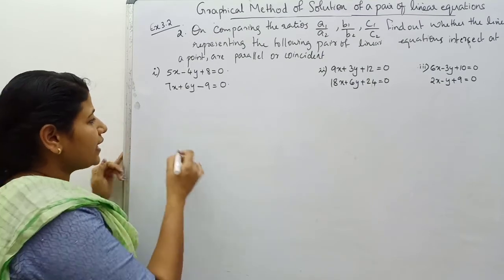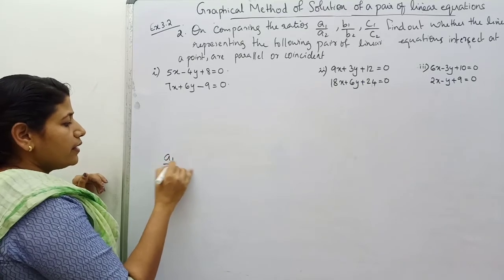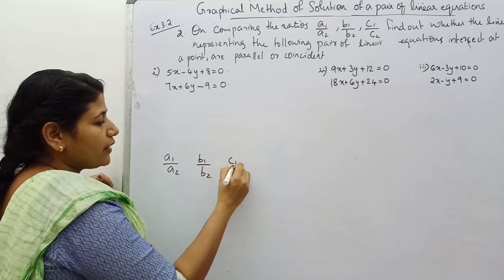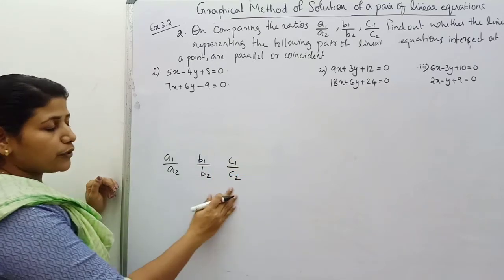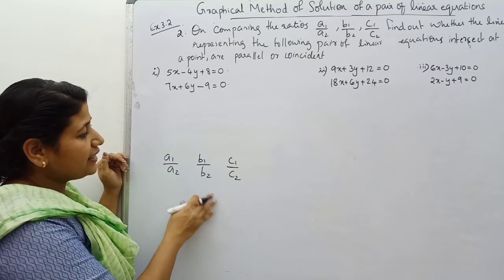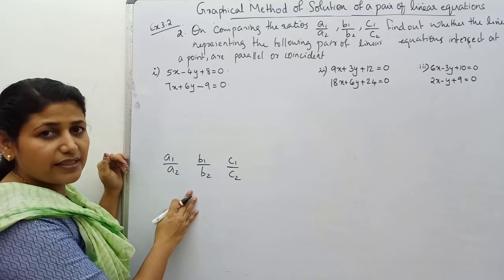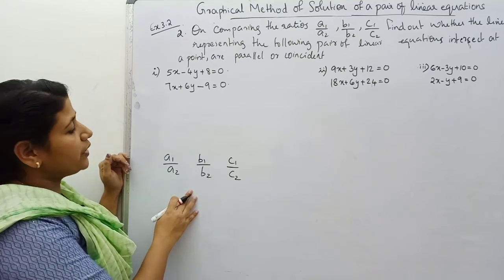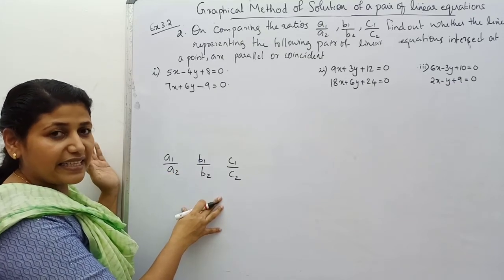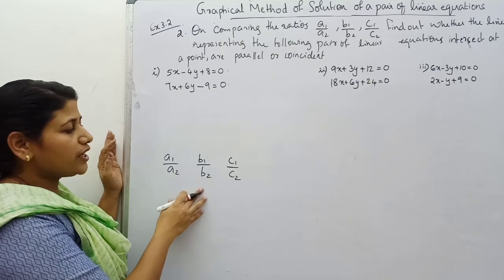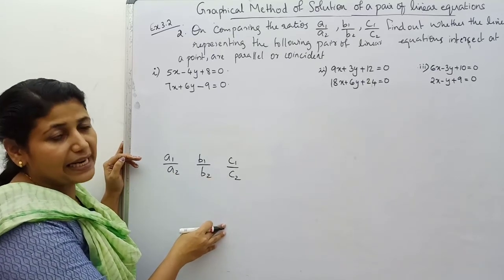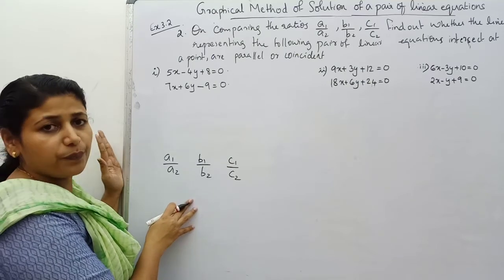So we have studied that if a1 by a2, b1 by b2, and c1 by c2, if all the ratios are equal, then we can say that this is coincident. If all are not equal, we can say that this is intersecting at a point. If the first two ratios are equal and the last one is not equal, we can say that they are parallel. Just like that we want to check.